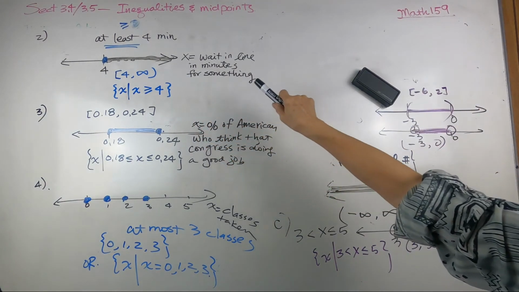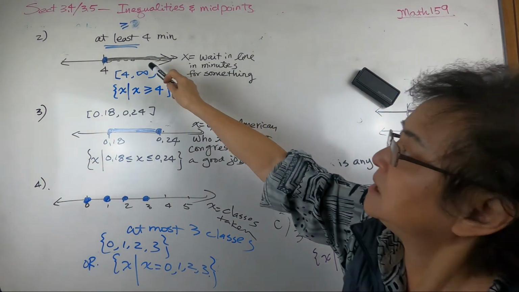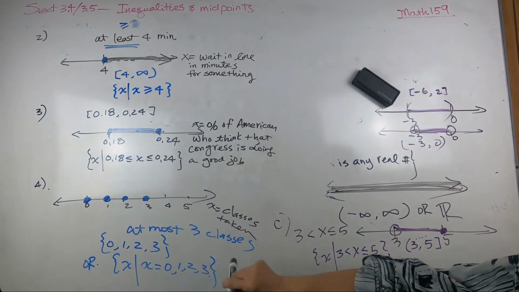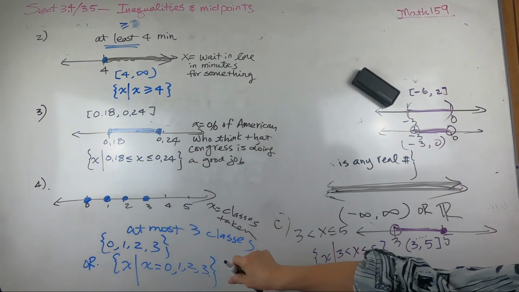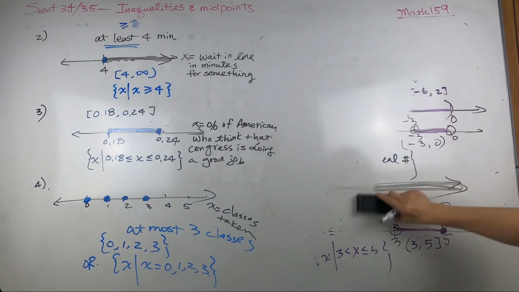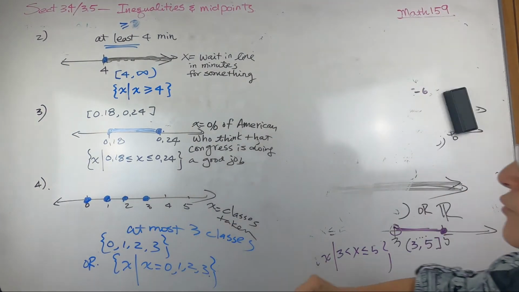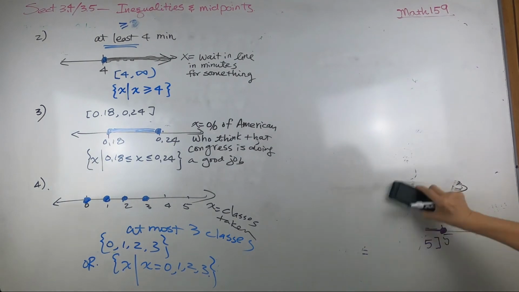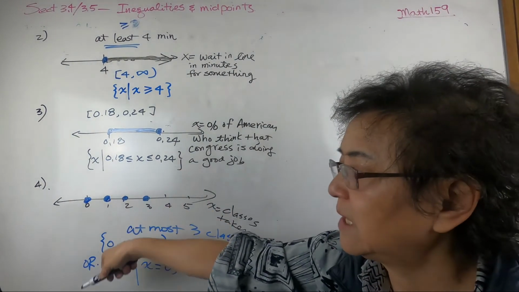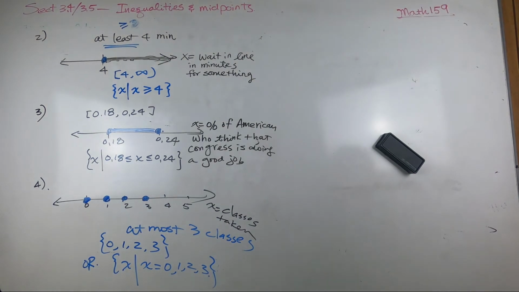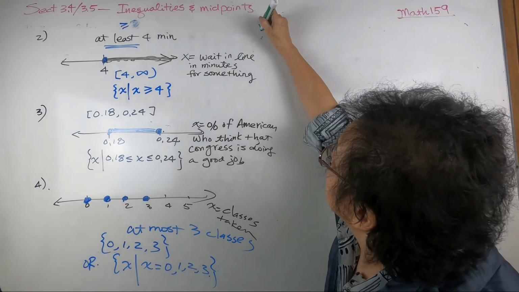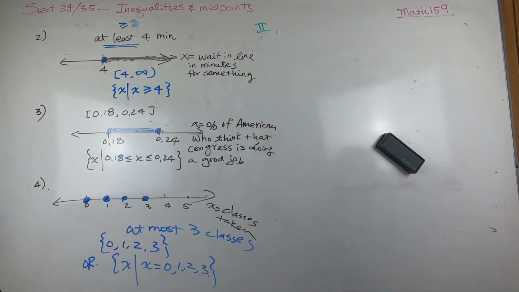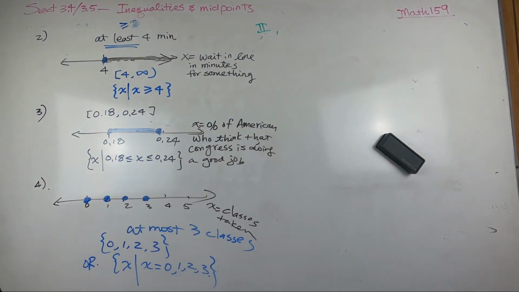Then we use the inequalities: at least is greater than or equal to, at most is less than or equal to 3. So that would be 0, 1, 2, 3. You cannot have a negative number for taking how many classes. So we don't do that. So from 0 up to 3. Okay? Then let's see how we are going to use this. We described how they look.